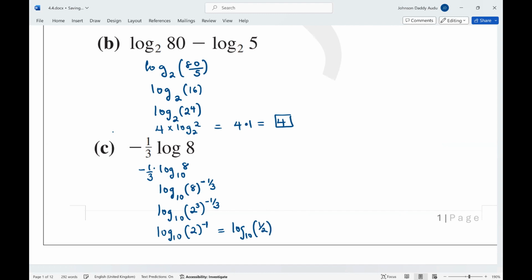And on this one, if we still want to simplify to make it smaller, we can write this as log to base 10 of 2 to the power minus 1, which will become minus log to base 10 of 2. So this is the best simplification we can get.